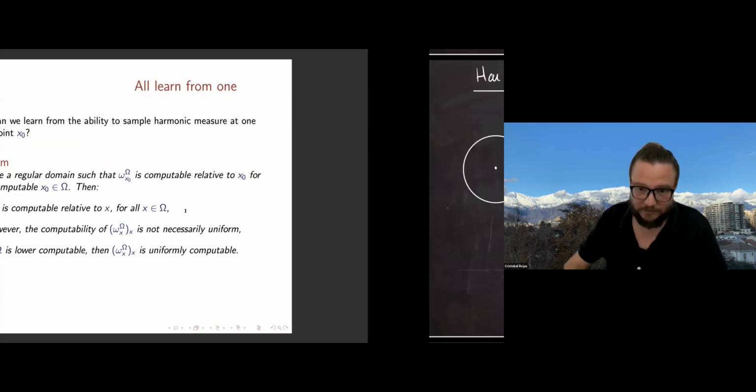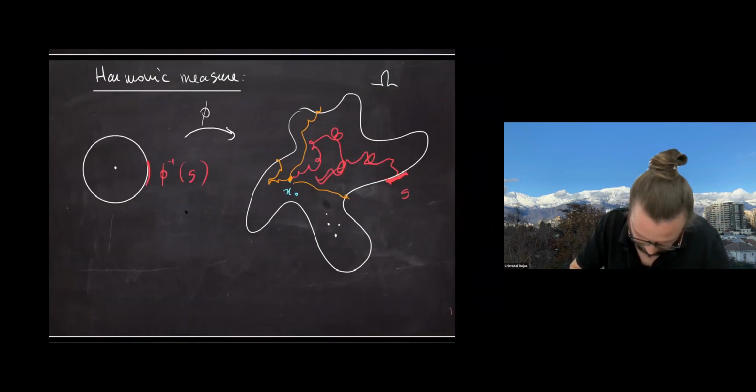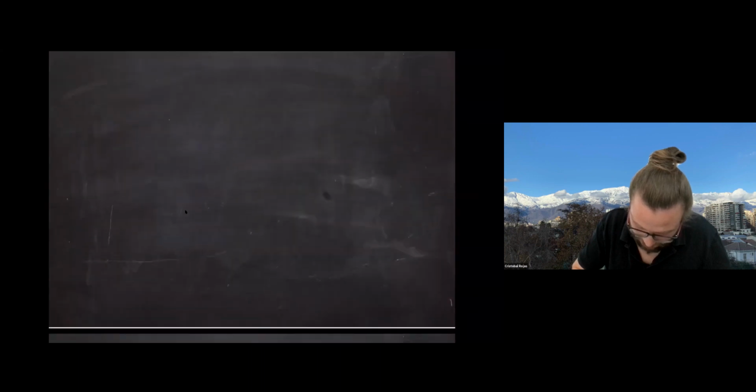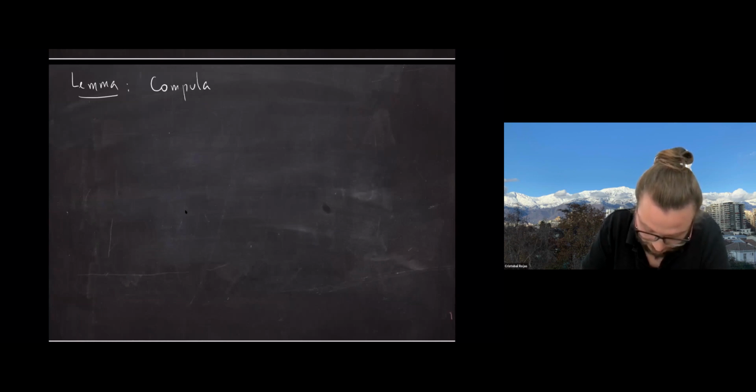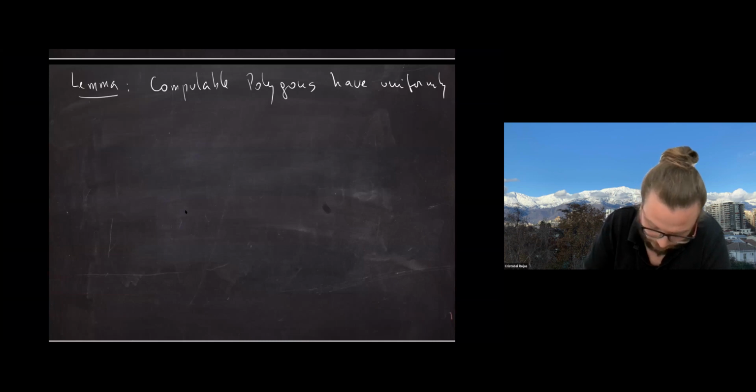So the first thing that we use is a kind of lemma, which is that if the sets are nice, for instance, computable polygons, they always have uniformly computable harmonic measures.